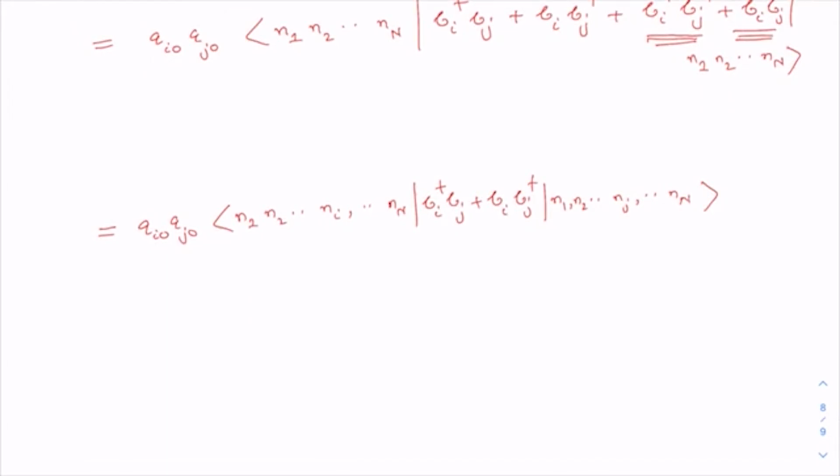Let me calculate it term by term. So I have q_i0 q_j0 times the bra n1 n2.